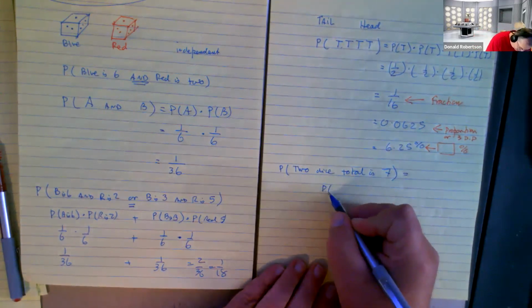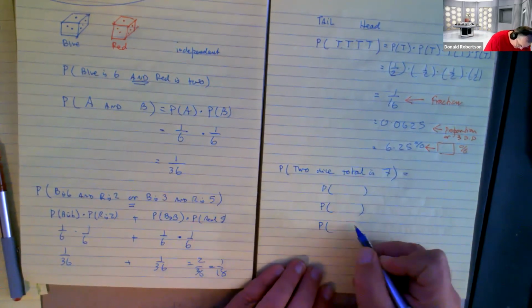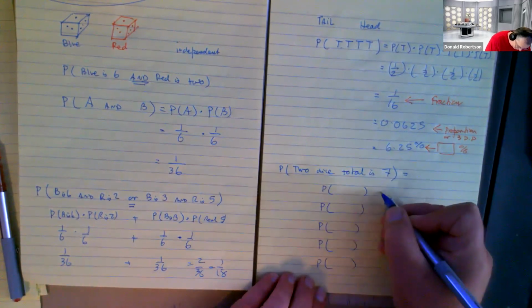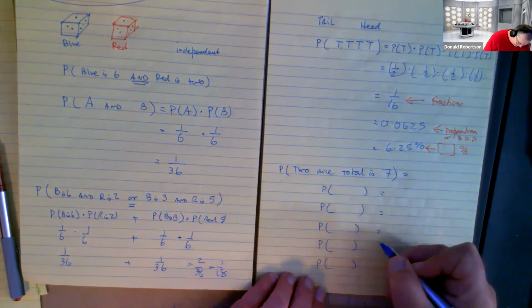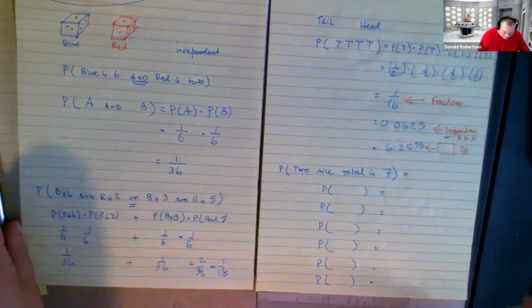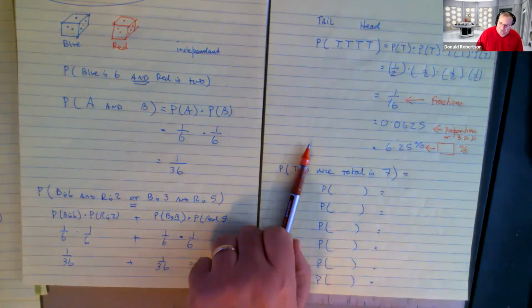Remember, your dice are two different colors. So I need to find all the different ways to get 7. And I'm even going to use color to emphasize.